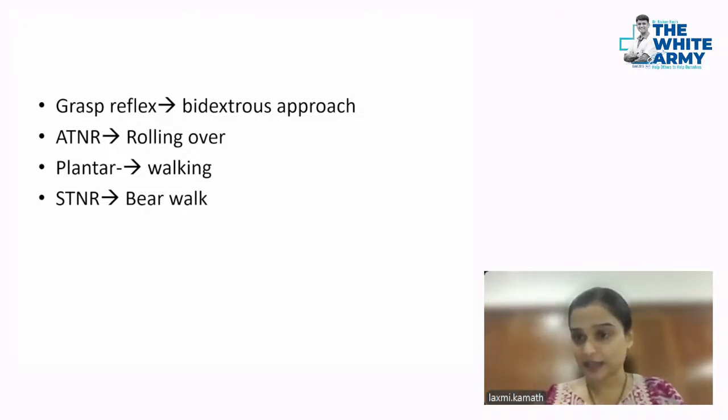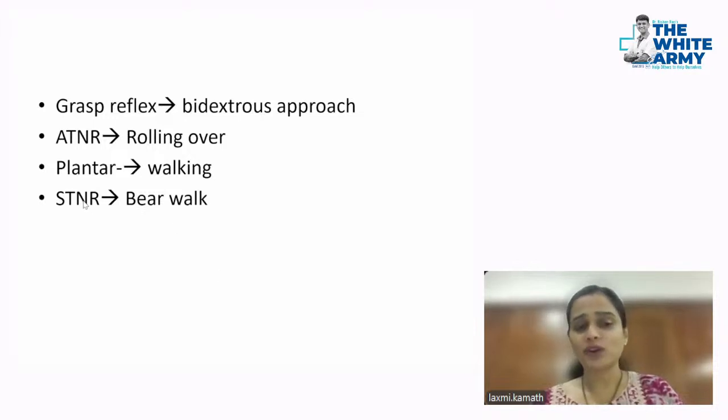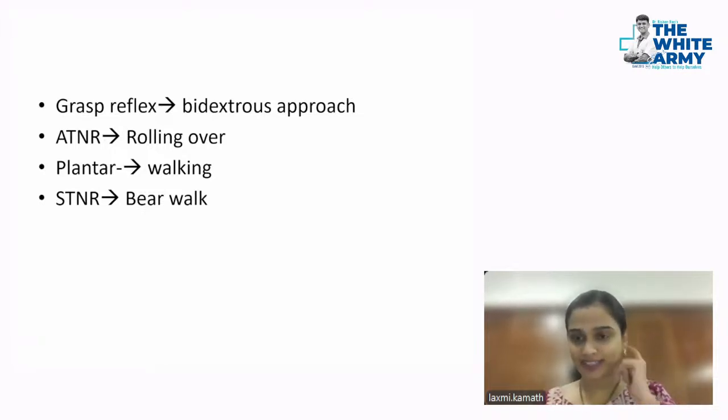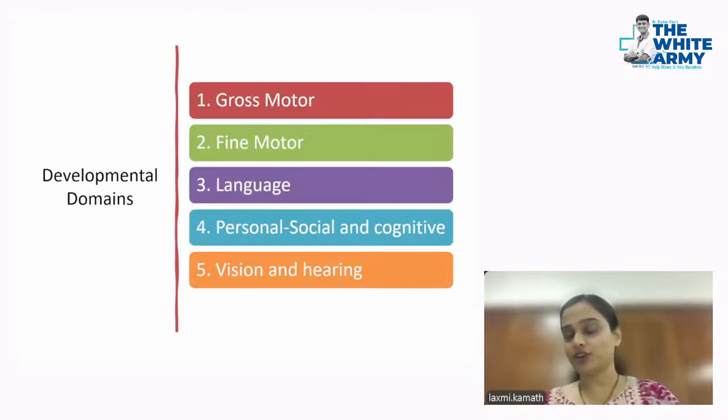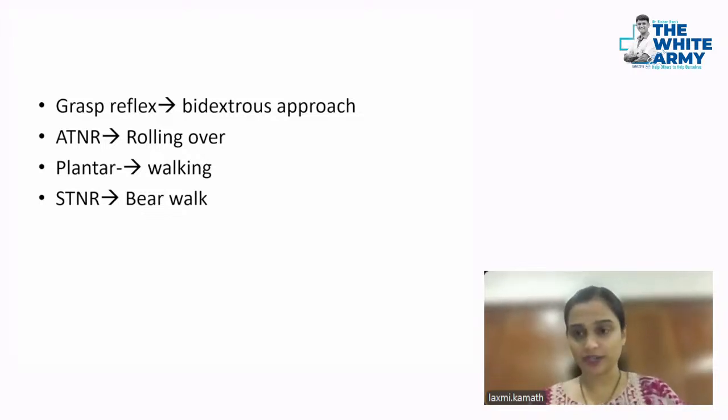So plantar grasp should disappear so that the child learns to walk on foot properly. Now, what is STNR? STNR is the symmetric tonic neck reflex, which needs to disappear for bear walk to happen. I'll tell you later what STNR is and we'll have more photos for it. So that is about the fifth principle, which is very important: loss of newborn reflexes to gain new skills.